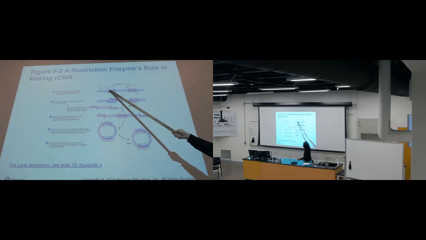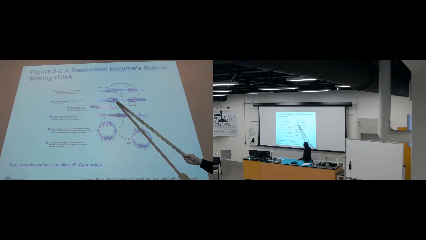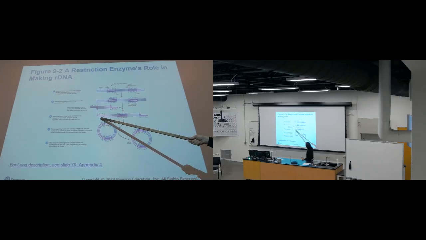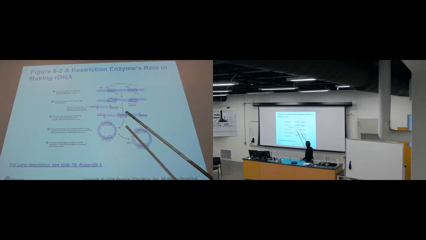If you use EcoR1, you will cut between the G and the A, and you end up with this piece with sticky ends.